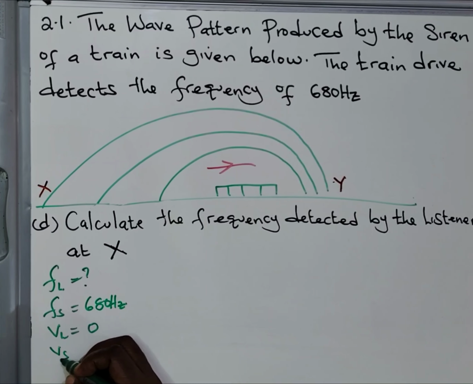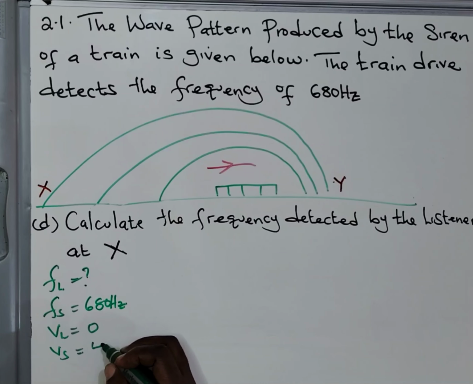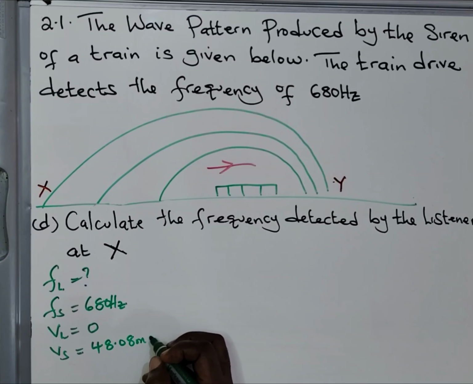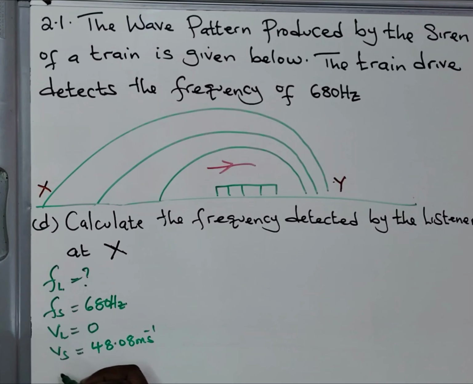But we know the velocity of the source. We calculated it as 48.08 meters per second. And we know the velocity of sound, which is 340 meters per second.